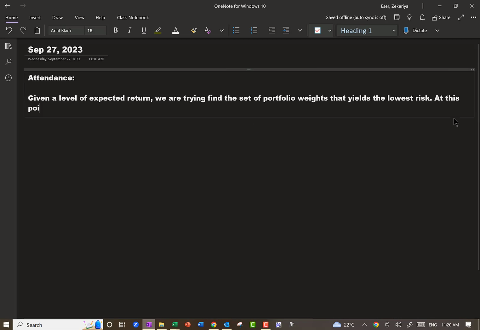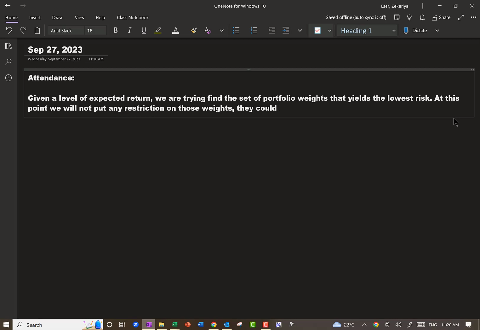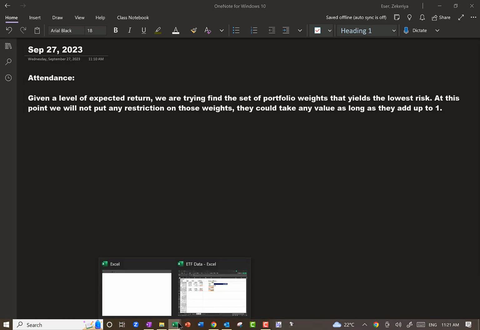And at this point, we will not put any restriction on those weights. They could take any value as long as they add up to 1. Okay? In fact, I'm going to change our structure a little bit.